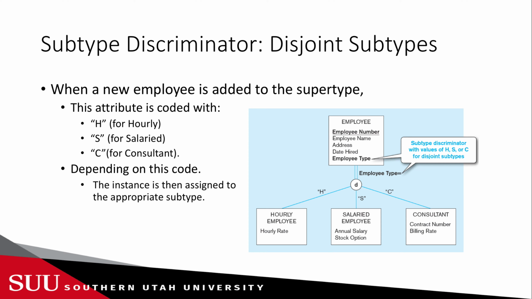That is why we include those subtype discriminators on those lines. If the type is H, it goes to hourly employee. If the type is S, it goes to salaried. If the type is C, it goes to consultants.